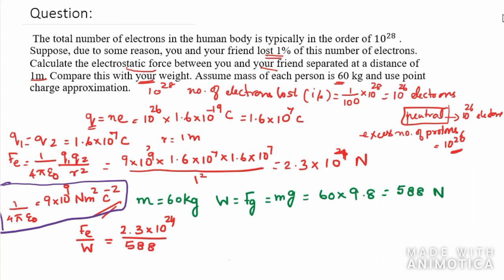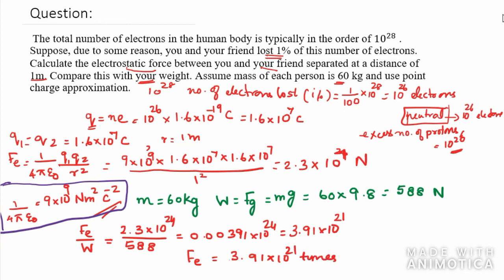So this is equal to 0.00391 into 10^24, which can be written as 3.91 into 10^21. So the electrostatic force between you and your friend is equal to 3.91 into 10^21 times your weight.